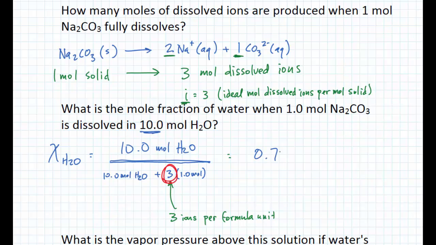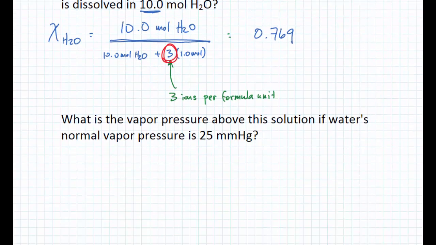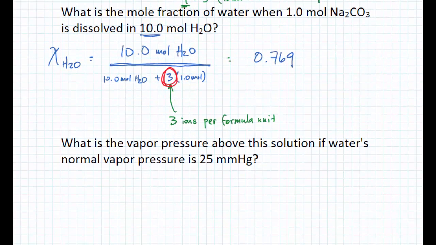That's 0.769. Ionic solutes multiply i by moles of solute.